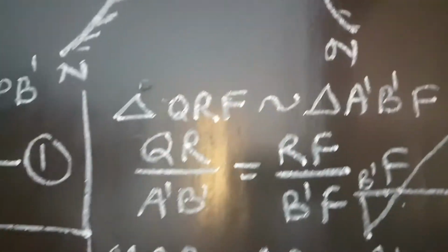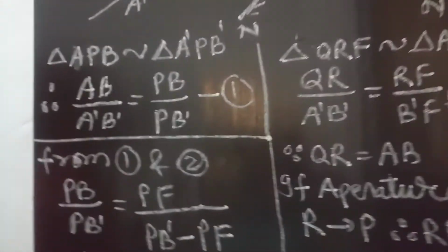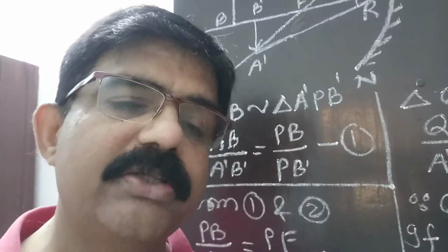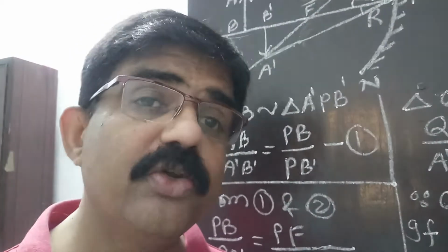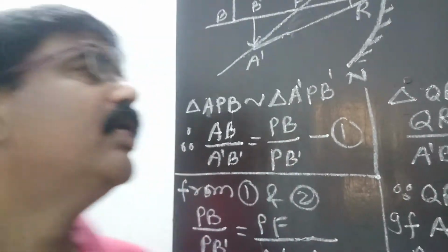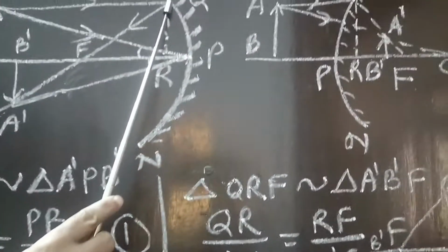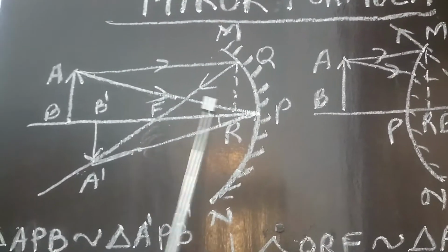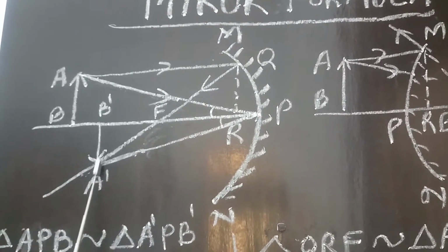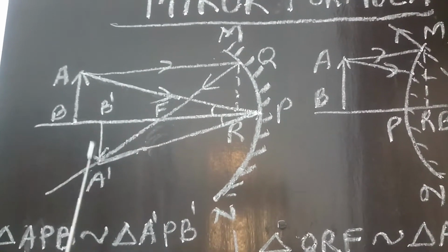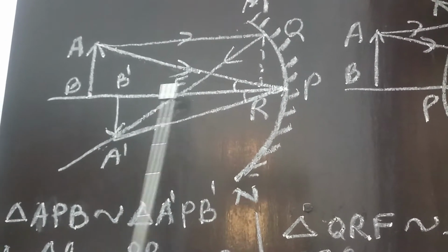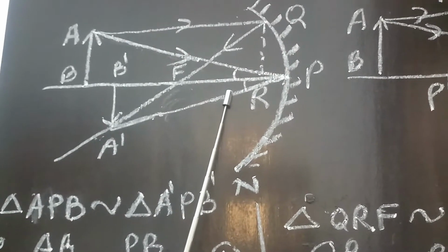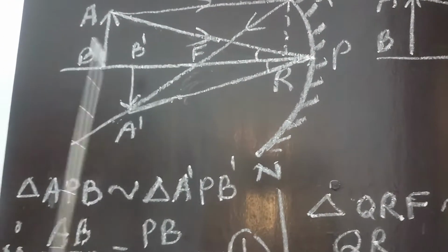Now in these two triangles the derivation is the same, but you have to pay attention to the position where the object is placed, because in examination the position of the object is specified. Look at here, you are observing a triangle APB and another triangle A dash B dash P. These two angles, angle of incidence and angle of reflection, are equal, and these are the right angles.